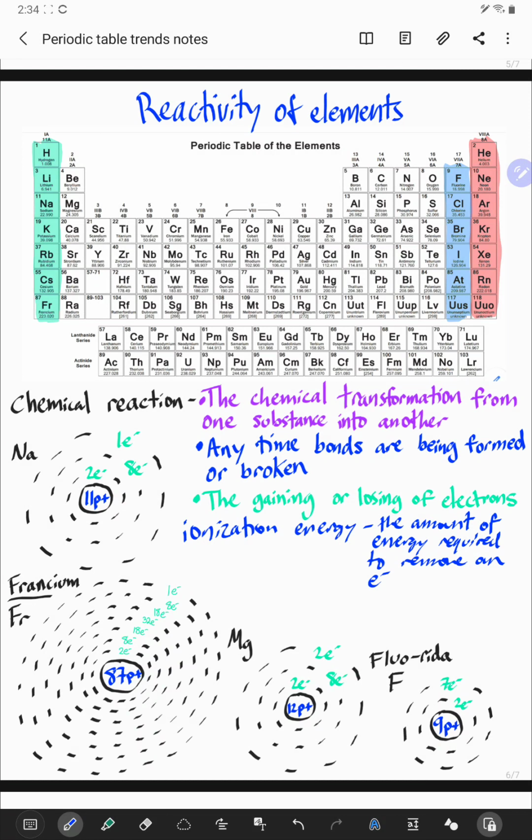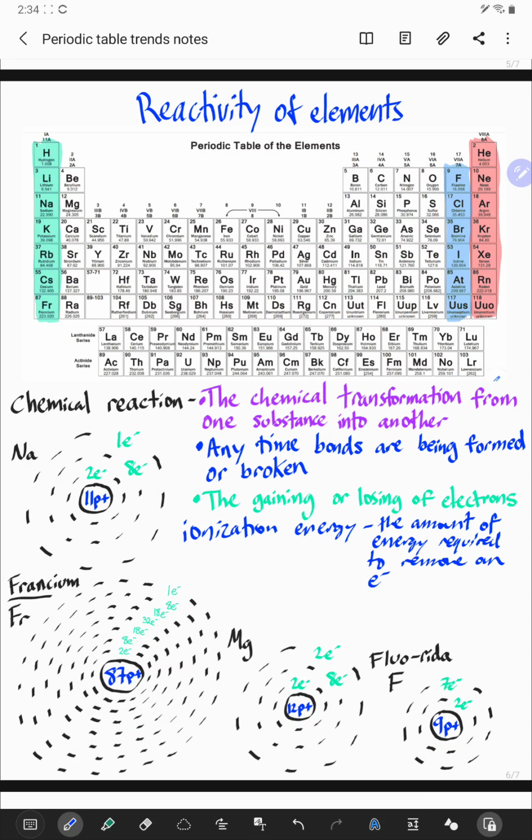Well, ionization energy, again, is the amount of energy required to remove an electron. And so high ionization energy means it requires a lot of energy to remove an electron. And low ionization energy means it does not require very much energy to remove an electron. And so we want to go for something that has low energy to remove an electron. It does not take very much energy to remove an electron.